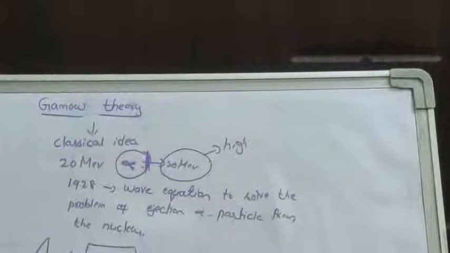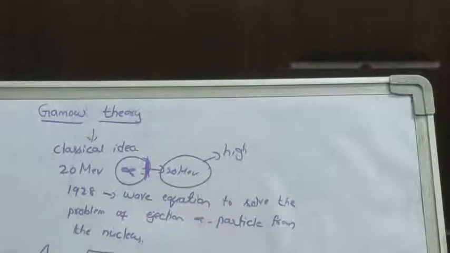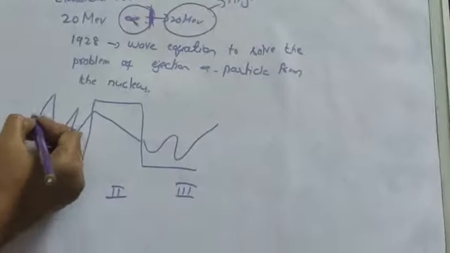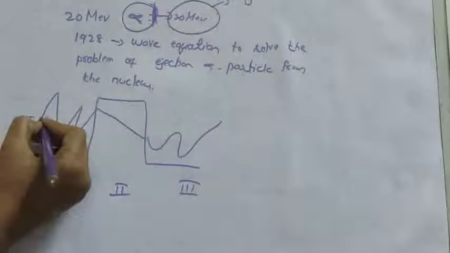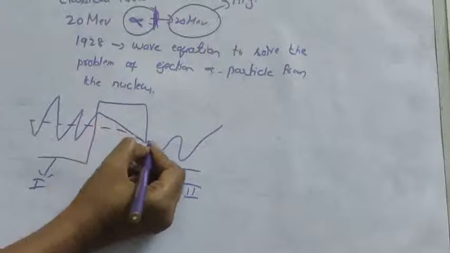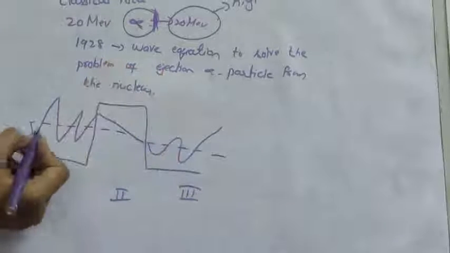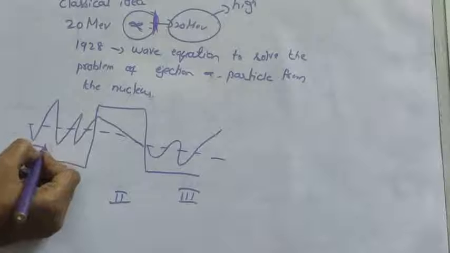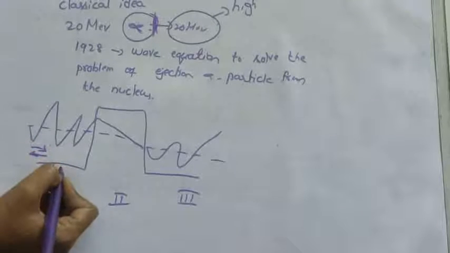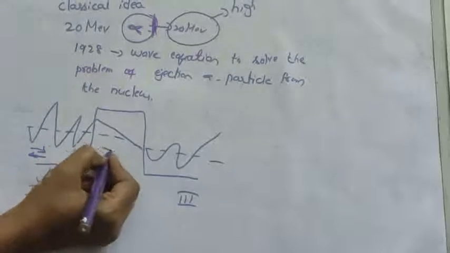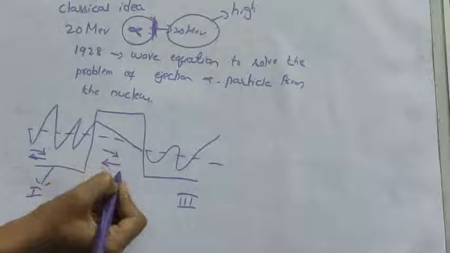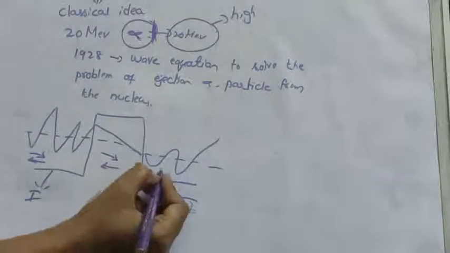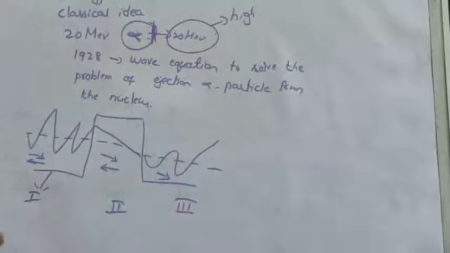The diagram representation is like this. In the first region, both incidence and reflection take place, and here also transmission and reflection of the wave take place, whereas in the third region, only transmittance takes place.